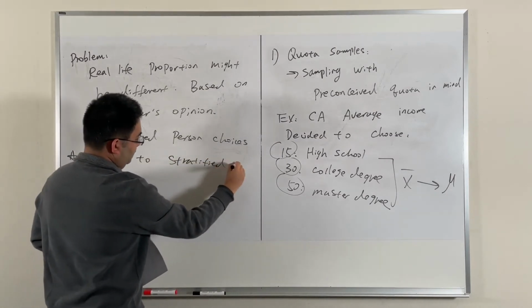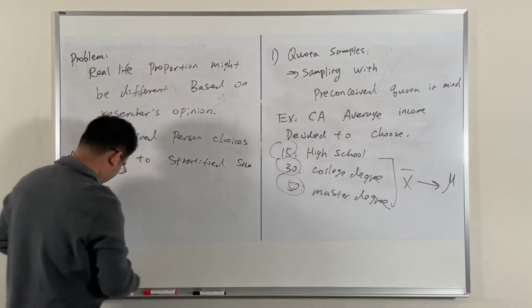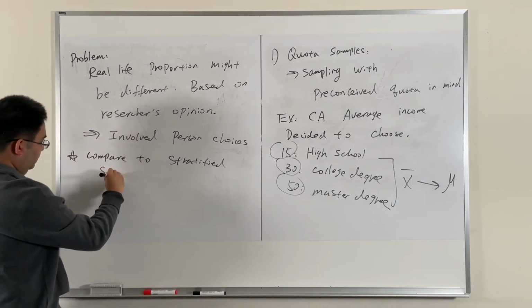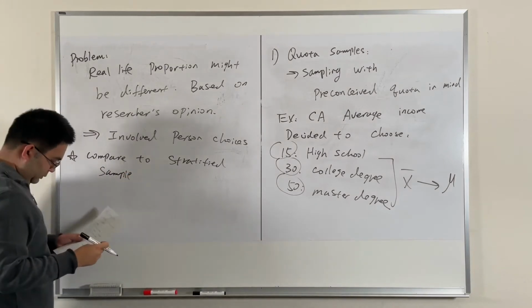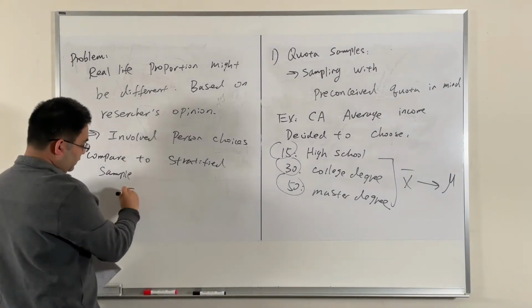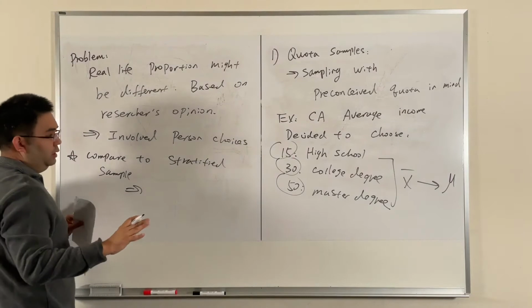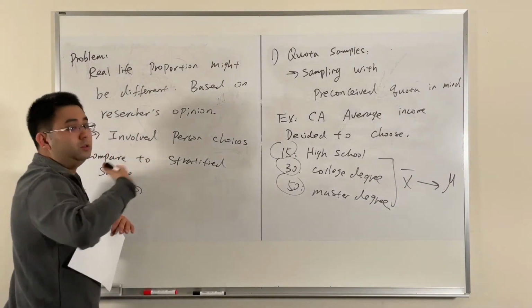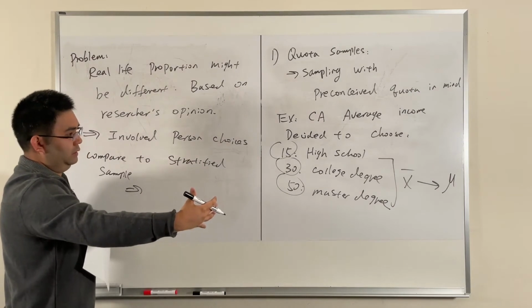If you remember, in stratified sampling we make adjustments according to the population proportion.